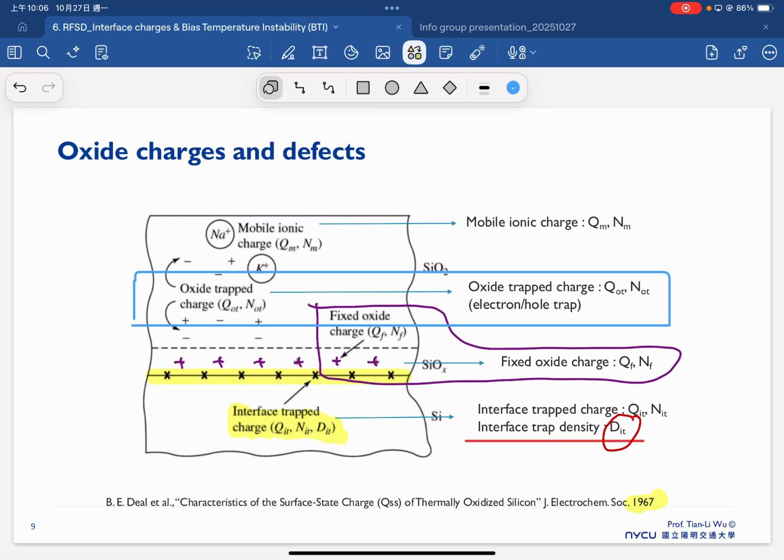And the last one that's very often seen in our real device is what we call the mobile ion charge. So these are generally the 4 different categories of charges happening in our dielectric and also the semiconductor interface.